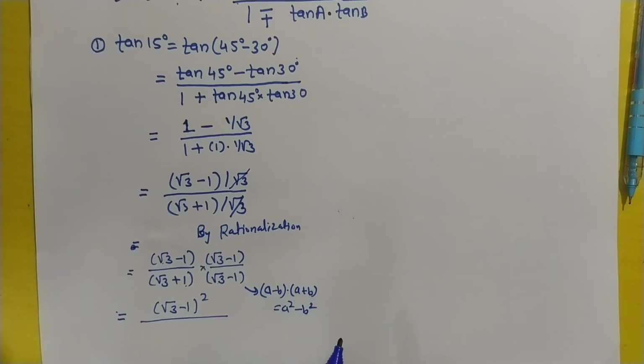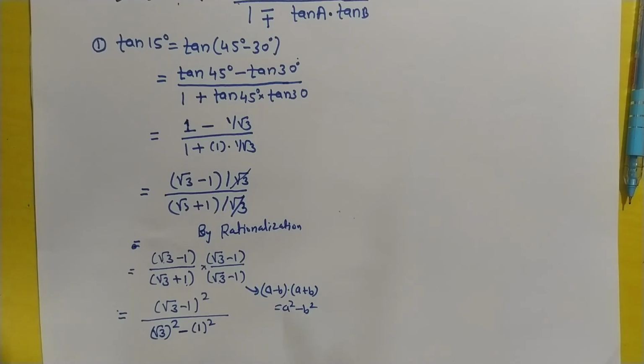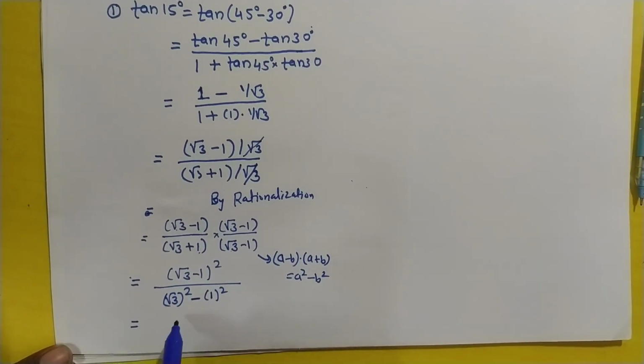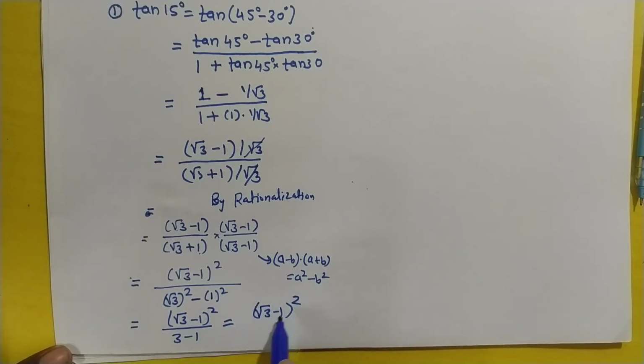So the answer is A square minus B square. By using this, we can write root 3 bracket square minus 1 bracket square. So we get root 3 minus 1 bracket square on divide 3 minus 1, and 3 minus 1 is 2.